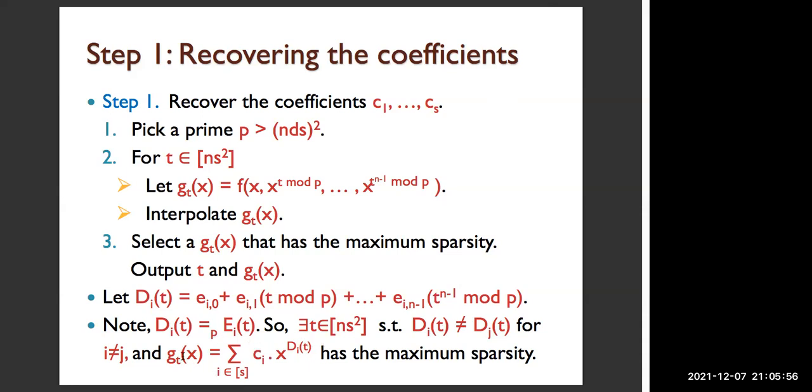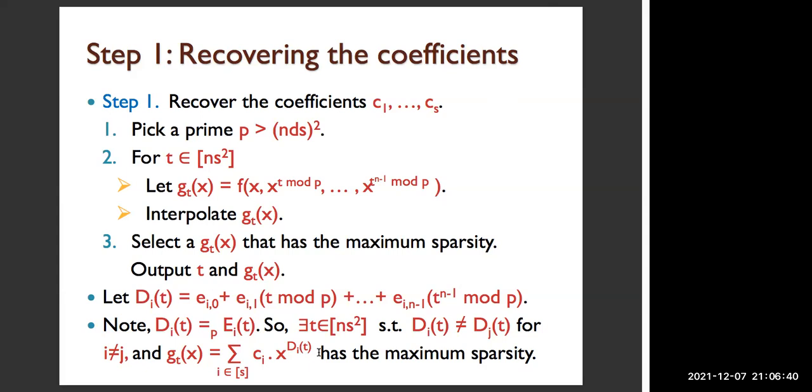So this means that for this nice choice of t, there exists such a t, this univariate polynomial g_t(x) will have sparsity exactly s, and not only that, its coefficients would be exactly the coefficients of the original polynomial, because all these d_i(t)'s are becoming distinct for this choice of t. And from the way it is defined, it's also obvious that the sparsity of g_t(x) cannot be more than s, because it's just an evaluation of the original f. What can happen is that the sparsity can become strictly less than s if two degrees become equal.